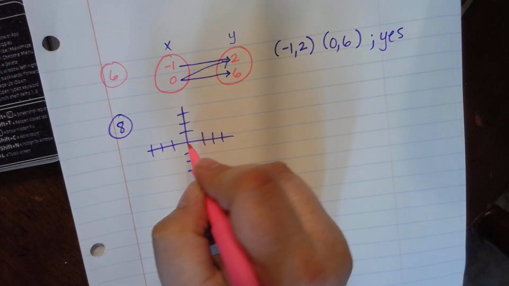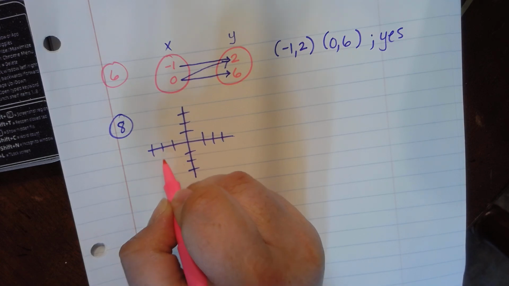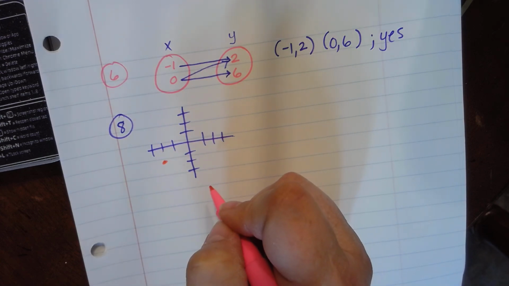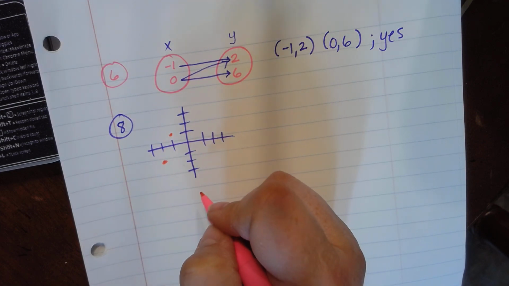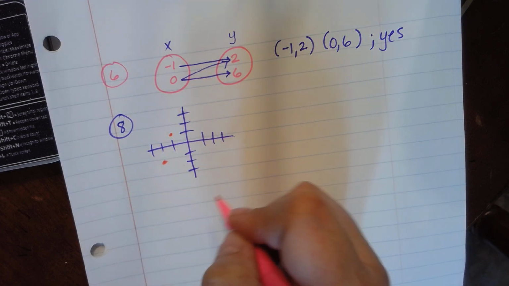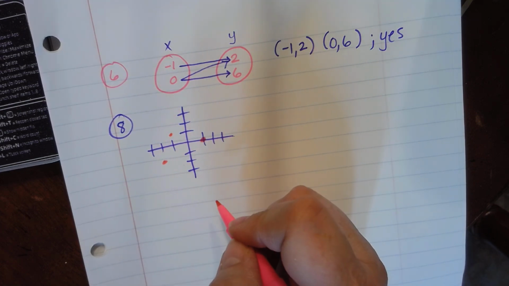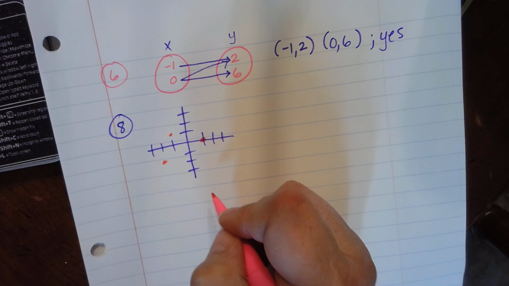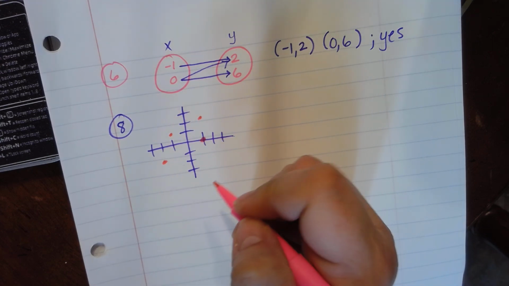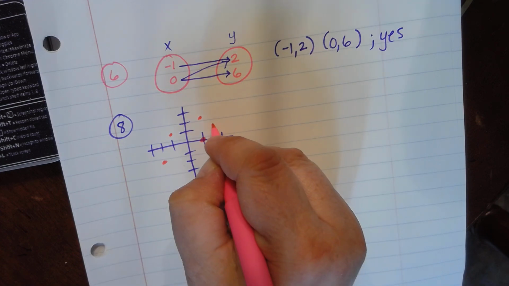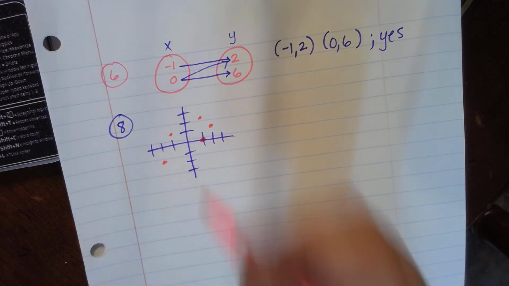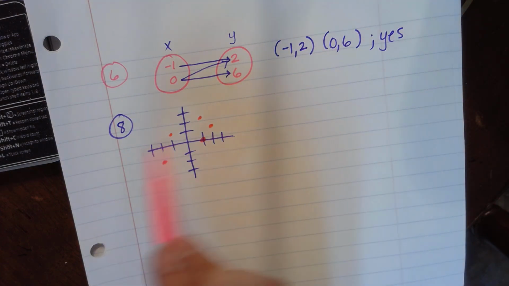This one is up 1, over 1. This one is just at the 1. This one is up to the 2. This one is here. Okay, so the problem in your book looks something like this.